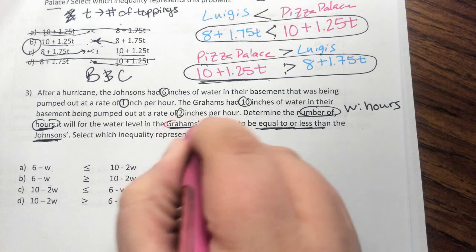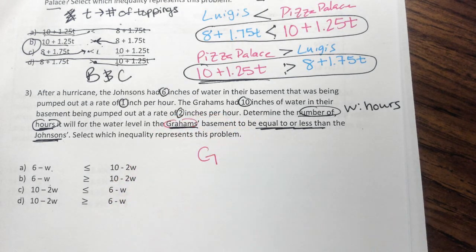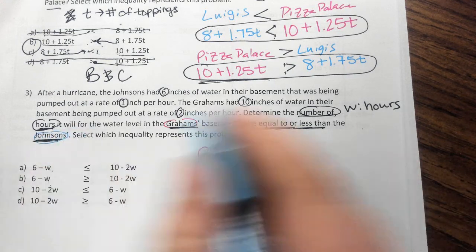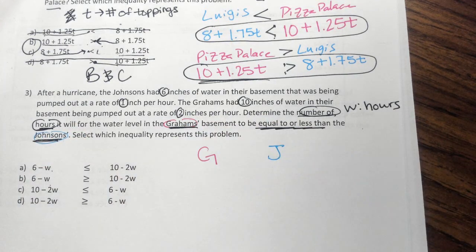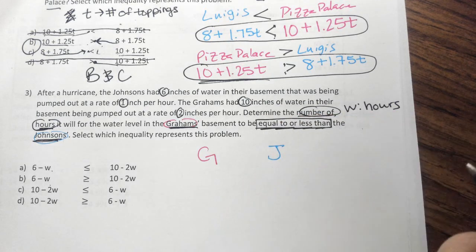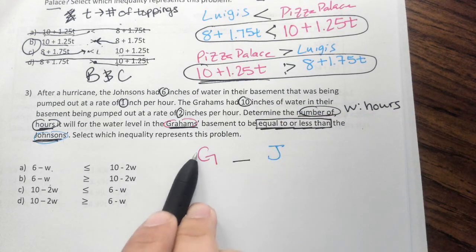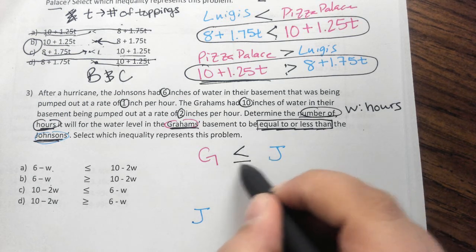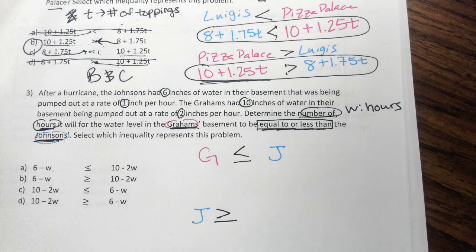We're comparing the Grahams and the Johnsons, and the specific comparison that we want is equal or less than. The Grahams are less than or equal to the Johnsons. The other way we can write this inequality is for the Johnsons to be greater than or equal to the Grahams.